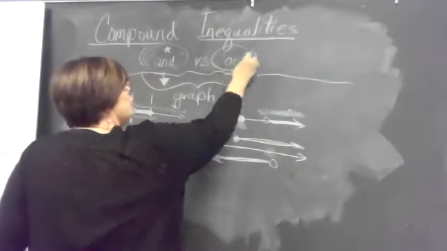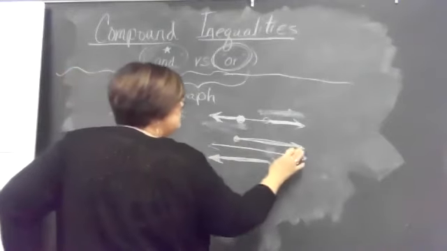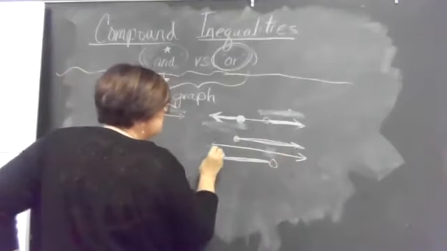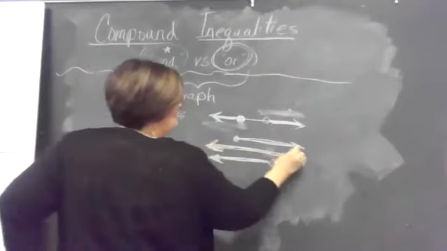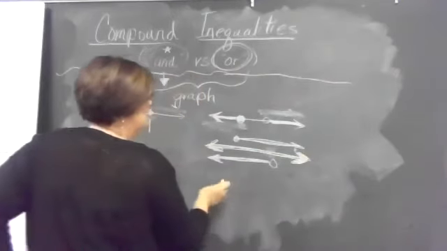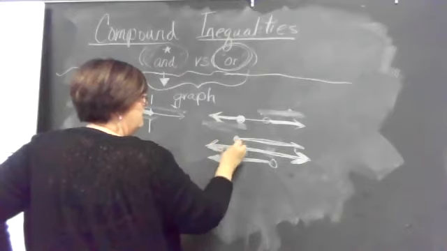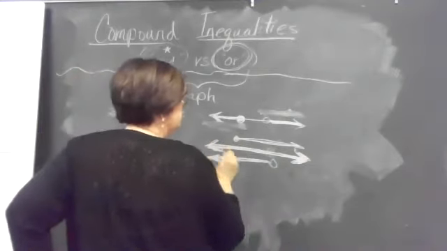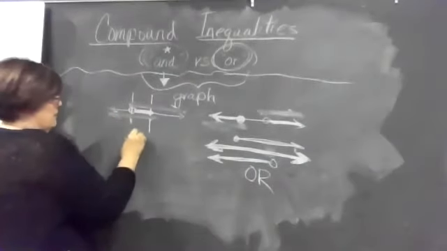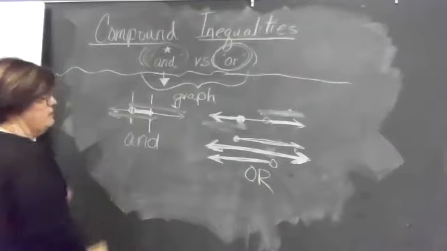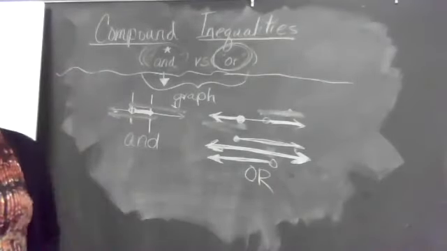So on an or, our actual graph is going to include all of this and all of this, because it has all of this one and all of this one. This is an or. This is and. And overlaps, or is everything. Okay?